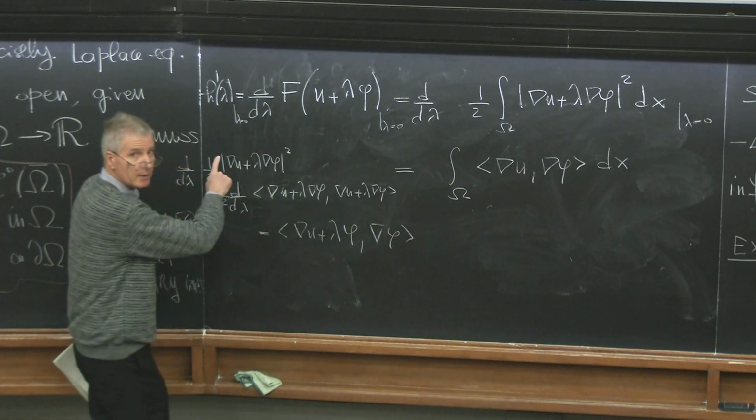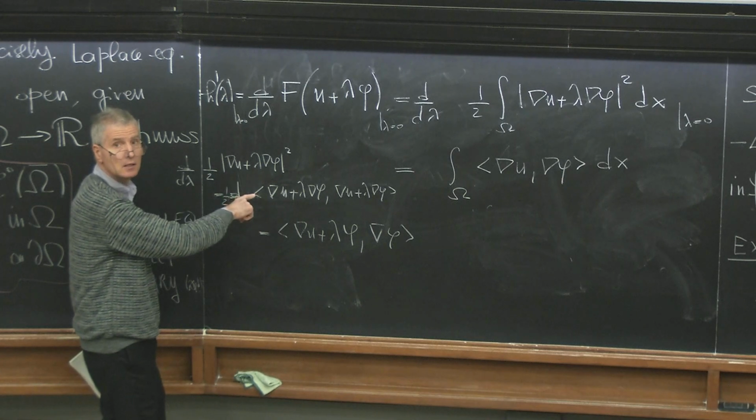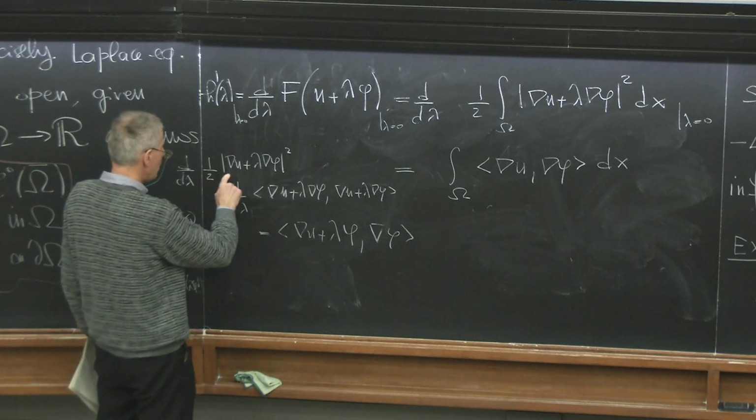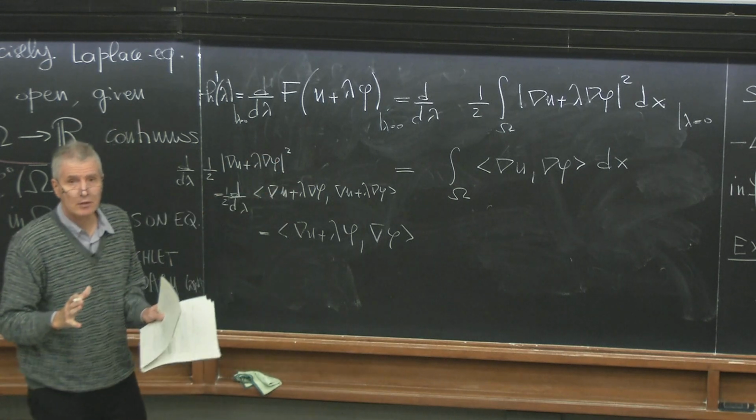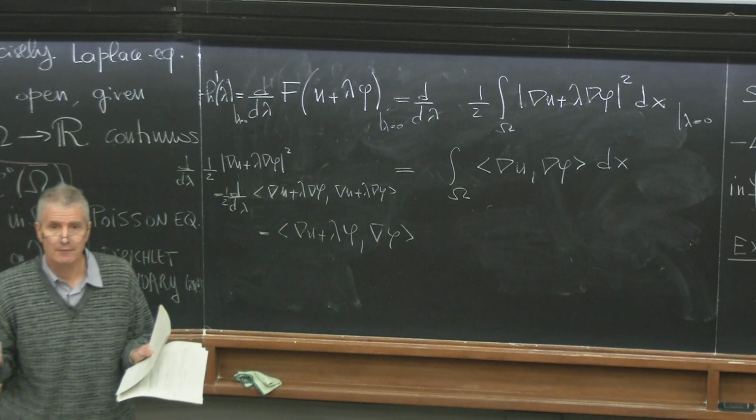This is not clear? Yes. So this is the norm square of a vector, right? Yes. The norm square of a vector is a vector scalar product with itself.